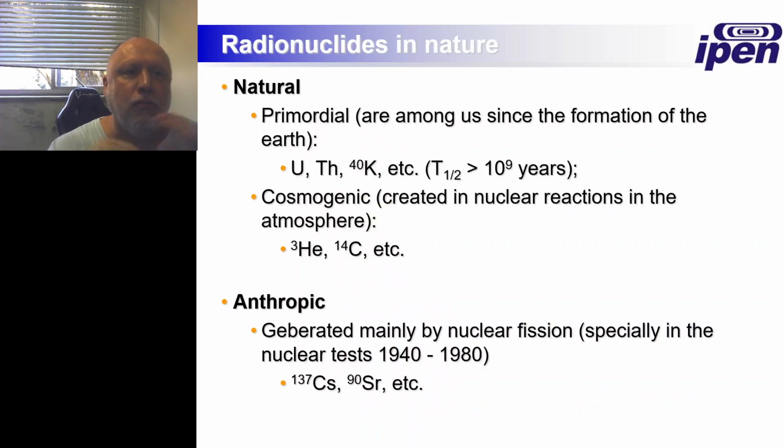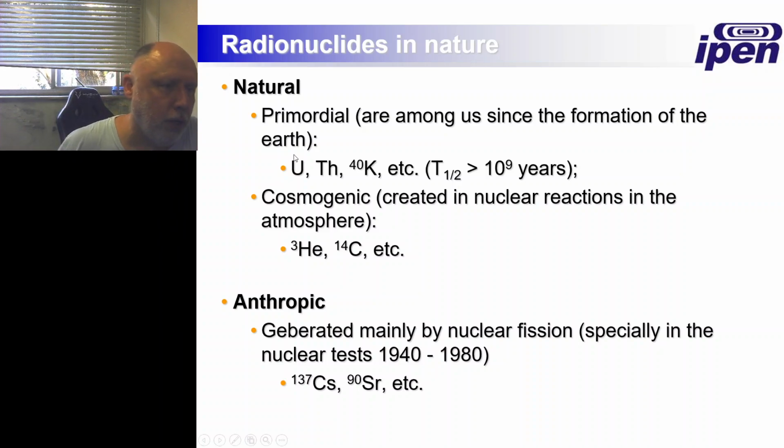Well, let's talk a bit about the radionuclides you find in nature. There are the primordial ones that have been amongst us since the formation of the Earth. In fact, they are here since the last supernova explosion, which formed the material that ended up forming our planet.